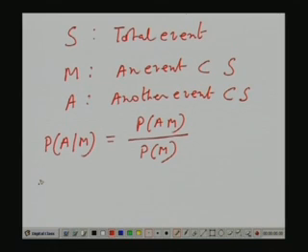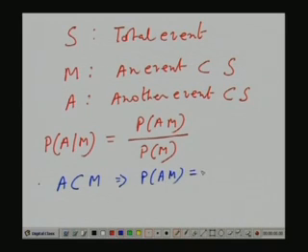Firstly, suppose it is given that this set A is nothing but a subset of M, that is, the event A is already contained in event M. In that case, what is the intersection between A and M? Intersection between A and M is A itself.